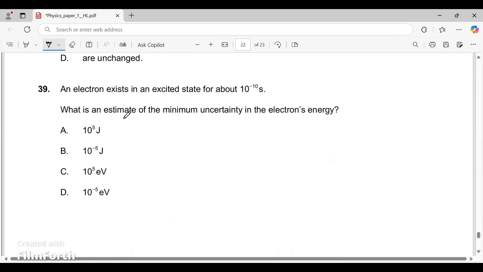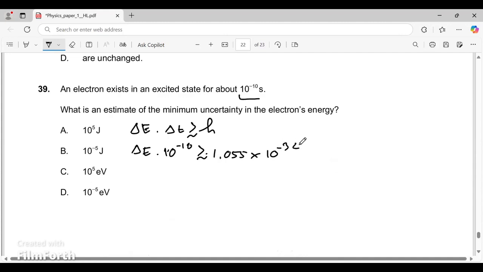The energy-time uncertainty principle is given by the formula delta E times delta t greater than or equal to h-bar, and it becomes delta E times 10 to the power minus 10, okay, equal to 1.055 times 10 to the power minus 34.